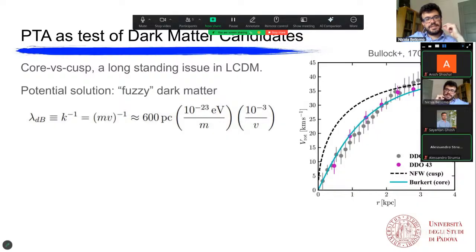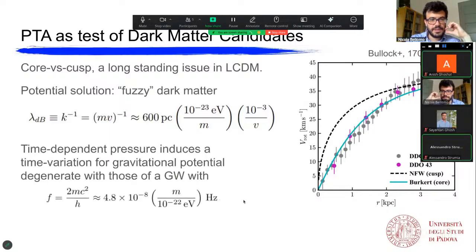The reason is that the de Broglie wavelength of such a particle is of the order of a kiloparsec, which is precisely the size of the core of structures where we observe a flattening of the dark matter potential. However, the presence of this dark matter candidate also triggers other effects.